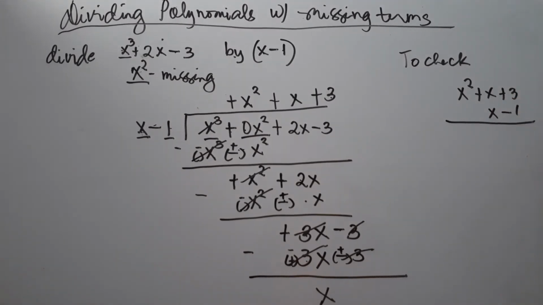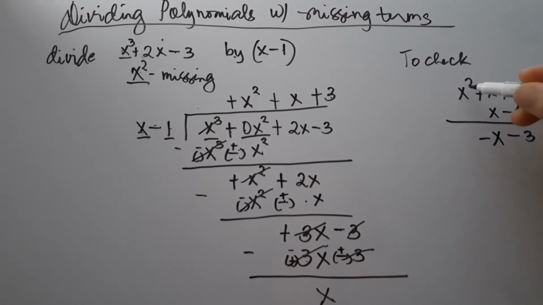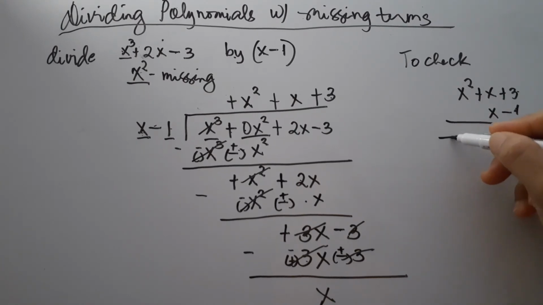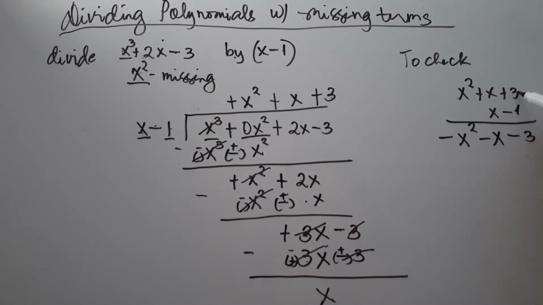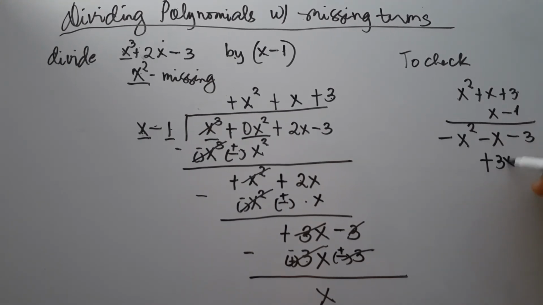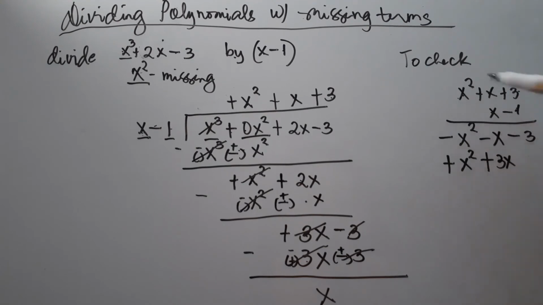So negative 1 times 3 becomes negative 3. Negative 1 times positive x becomes negative x. Negative 1 times x squared becomes negative x squared. Then x times 3 becomes positive 3x. Then x times x becomes positive x squared.